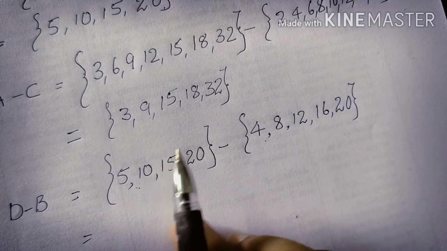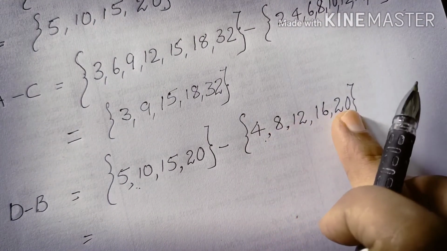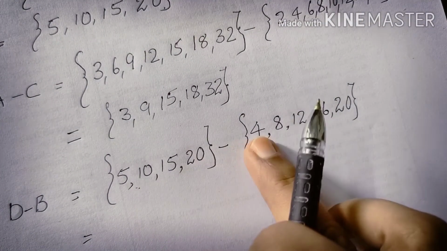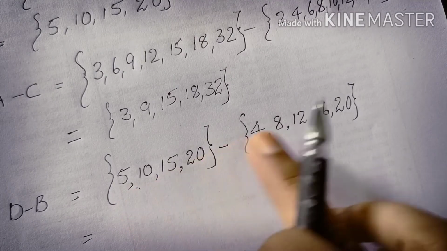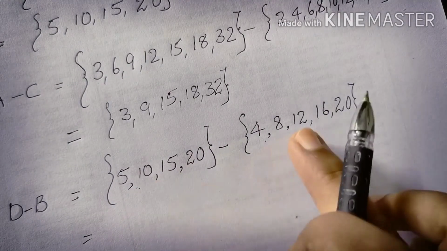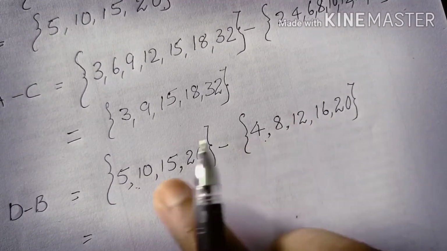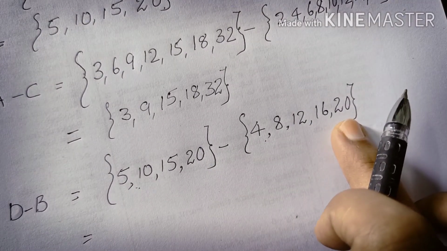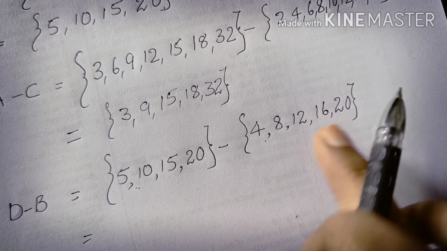Okay, now let us see if any elements of B are present in D. See, 4, not present. 8, not present here. 12, not there. 16, not there. 20 is coming. 20 is here.